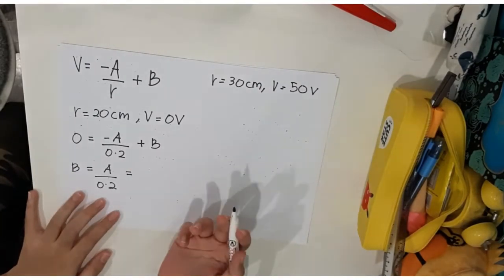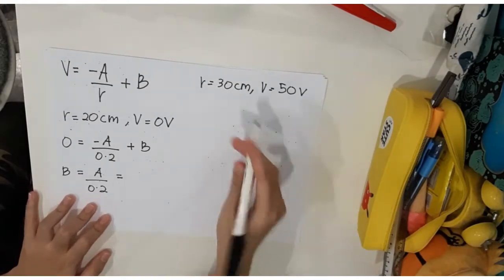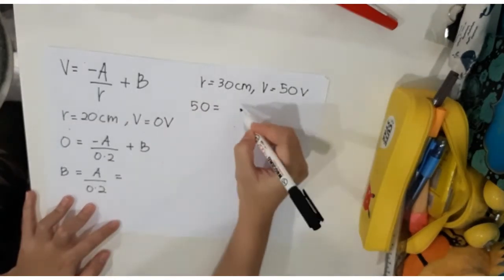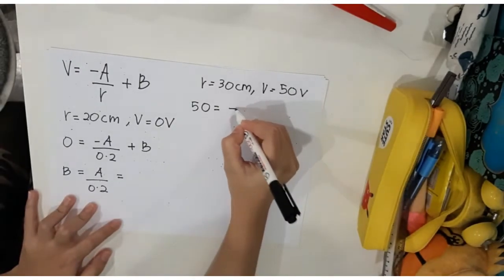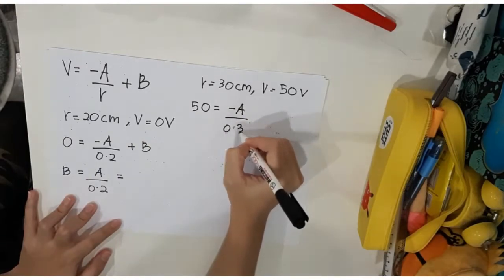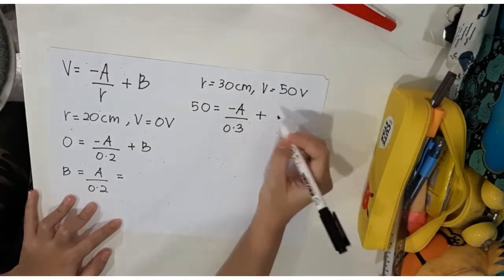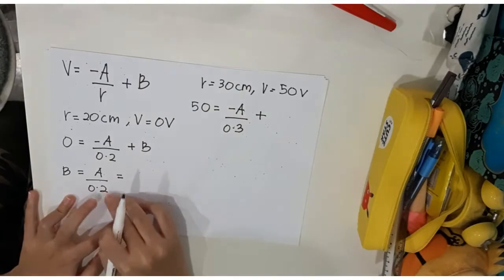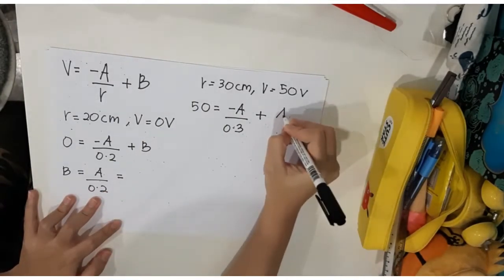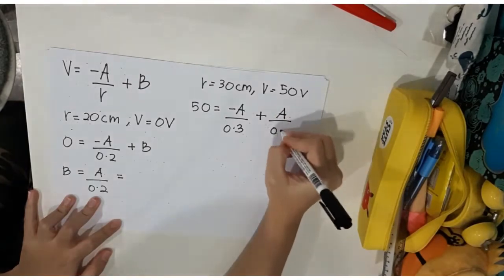We don't know the value of A, so we go to this one. 50 equal to negative A over 0.3 plus B. We know that B equal to A over 0.2.